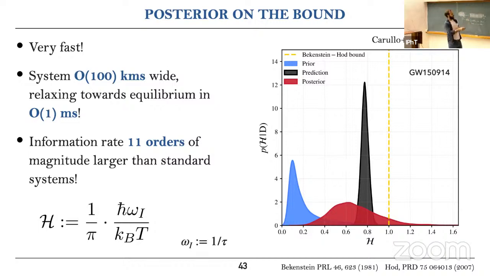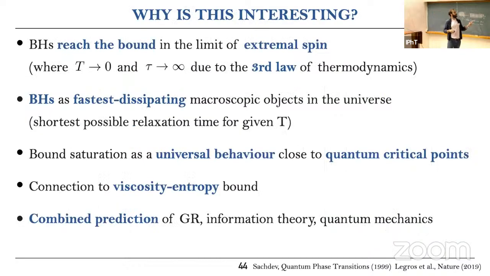There is a bit which goes above 1, but most of the bulk of it is between 0.6 and 0.8, which tells you that this is the fastest relaxing object that we have ever observed, unless maybe you take a quantum system close to critical points in phase transitions. Otherwise, if you think classically, this is the fastest relaxing object that we have observed.